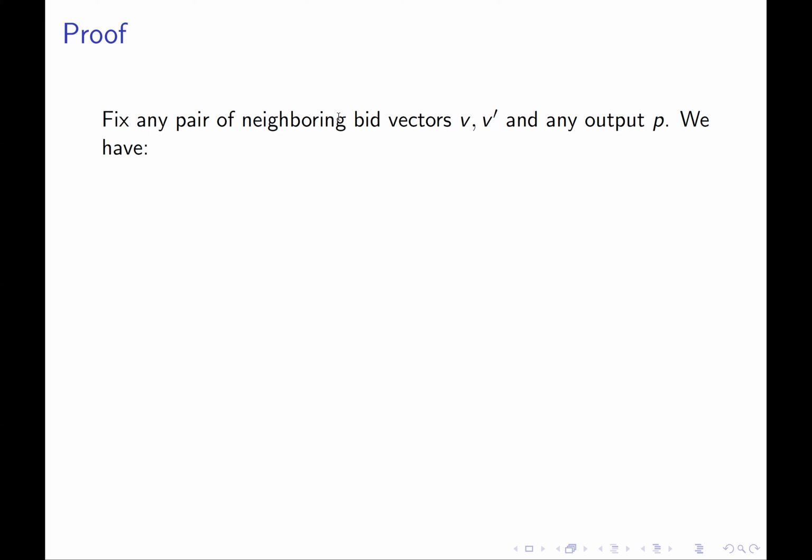Or just said another way, in this particular context, what we have to establish is that no matter how everybody else bids, if you think about what's going to happen if you bid truthfully compared to if you lie, then what we need to guarantee is that for every possible price p that we might output, the probability that we output that price p should change by only a little bit in the event that you lie. And so your incentive to lie should be very small.